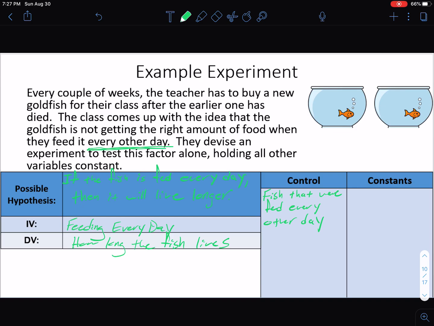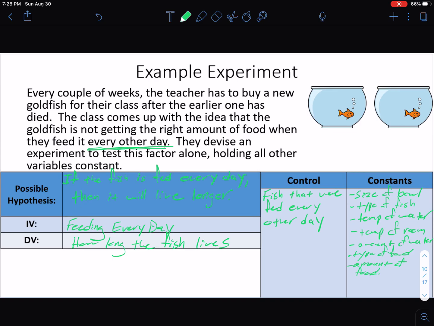Constants there could be a whole bunch of constants. Some examples of the constants might be the size of the fishbowl, the type of the goldfish, the temperature of the water, the temperature of the room, the amount of water, the type of food, the amount of food.